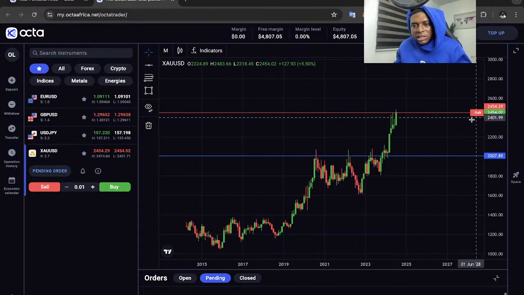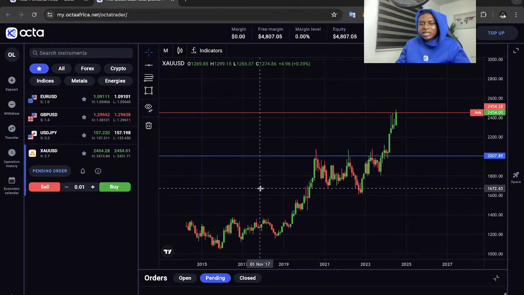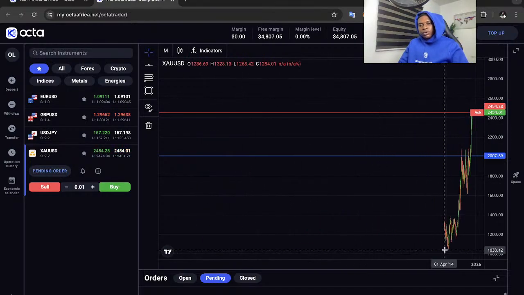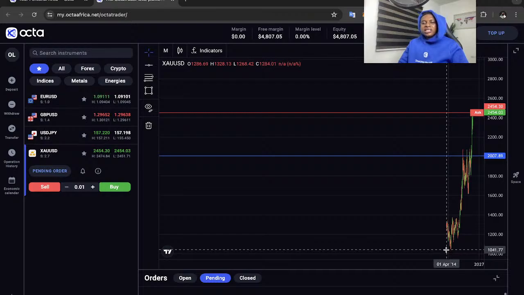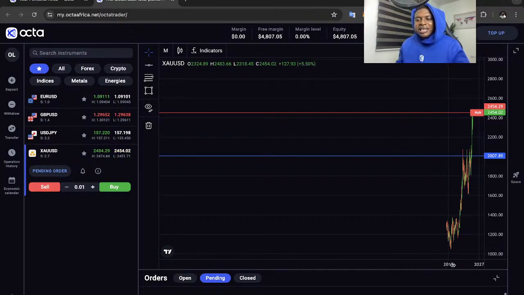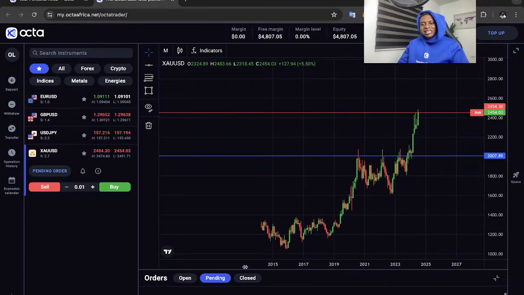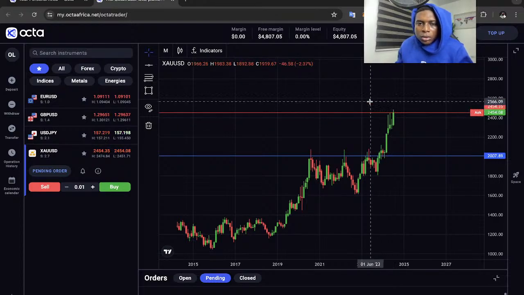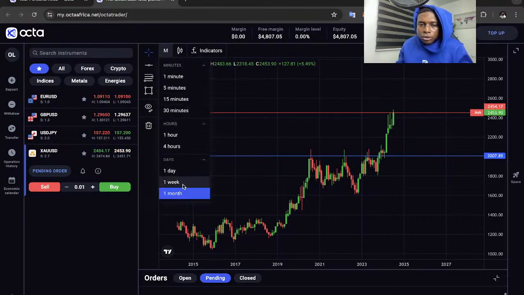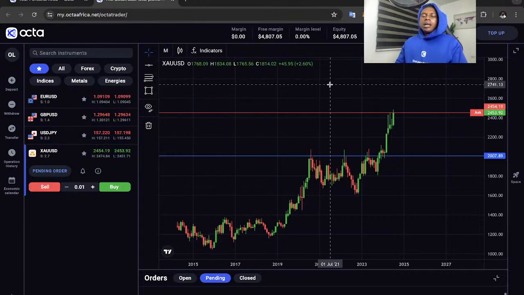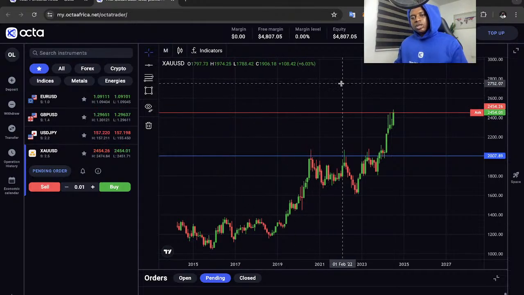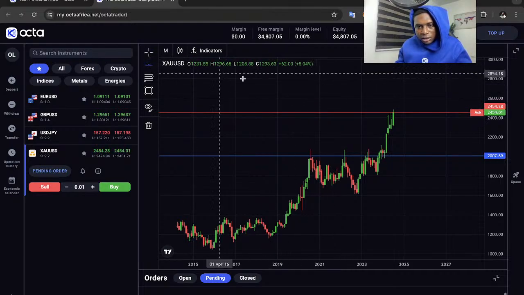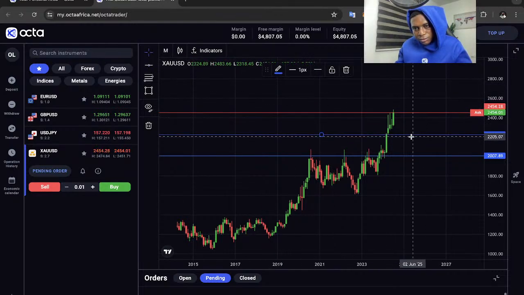So we can see that on the monthly time frame, gold is at a level it has never been before. Can you see that? So now, let's map out major levels where price actually struggled. When we look at this, we can see that price struggled at this level.